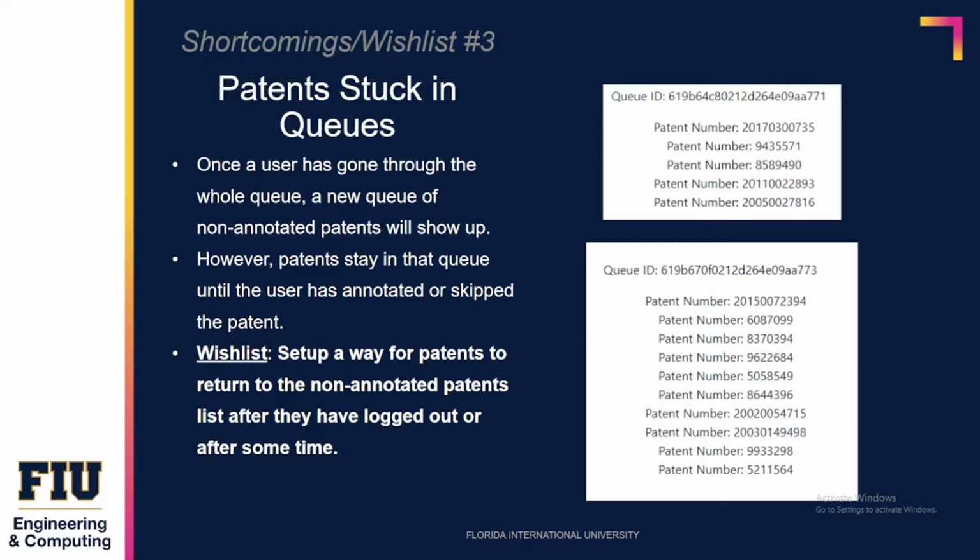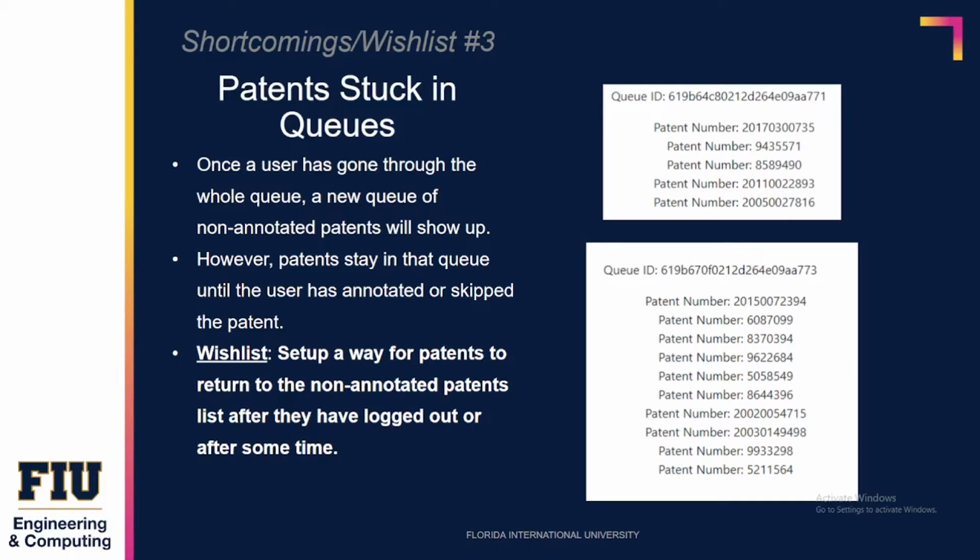wanted to log out for the day, all those patents that are stuck in that user's queue would not be annotated until the very next day or whenever that user logs back in to work on their queue. So setting up a way for these patents to perhaps return to a list of non-annotated patents so that they could be found or put into another user's queue that's currently active would be better.